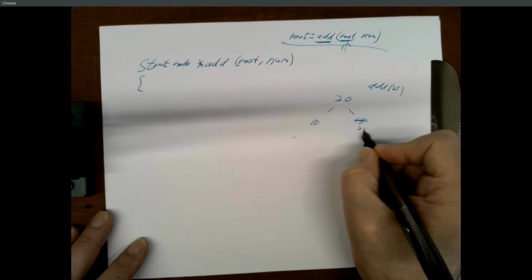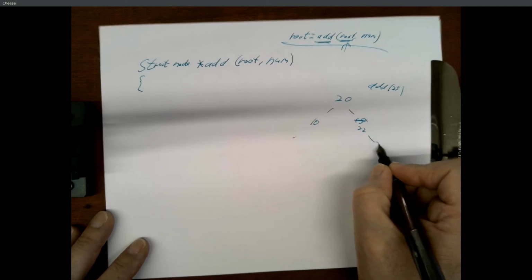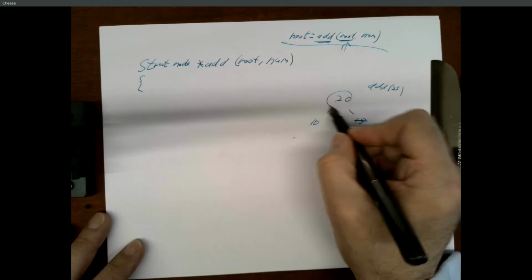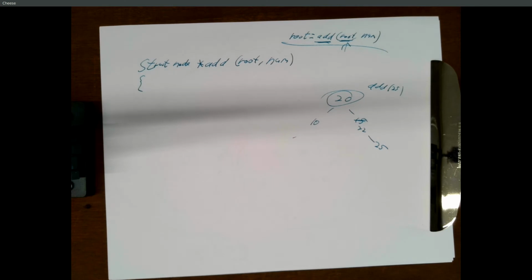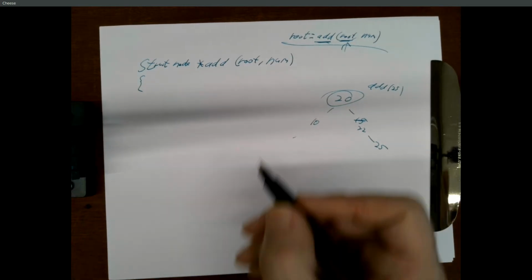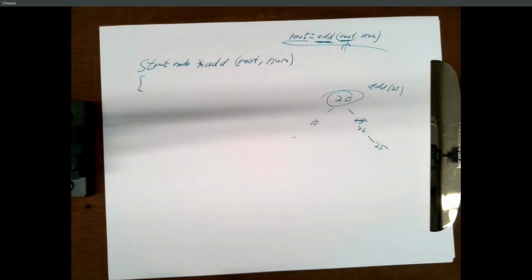Let's say this was 22. It's going to move here, it's going to move to the right, your 25 will go down here. Your root's never going to change, okay? So your add function only changes the root in one case, which is when your root is initially empty, it's null, and then it's going to become something not null. But we don't want to worry about when that case is, so we're always going to take the return value and set that equal to root.